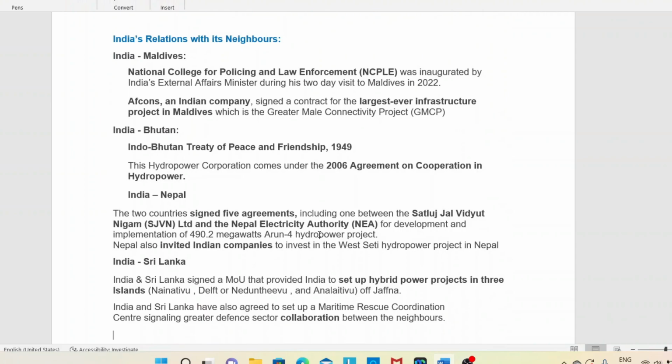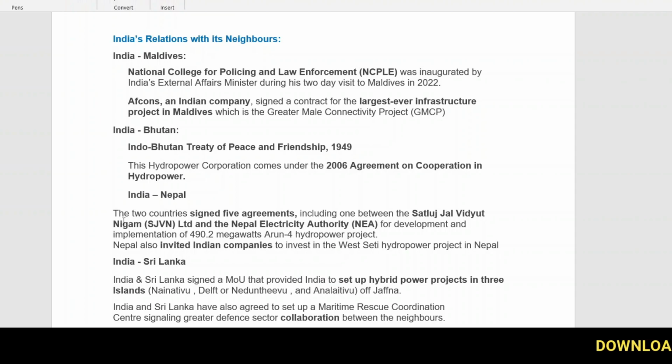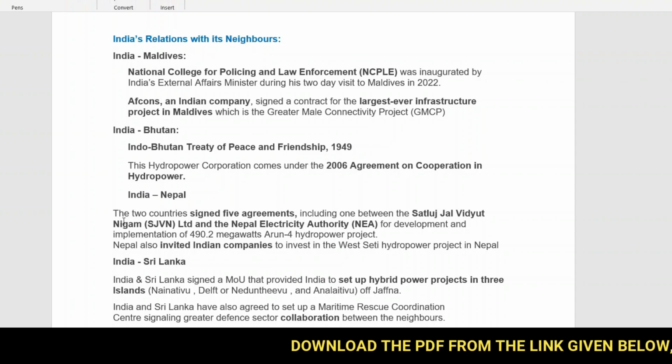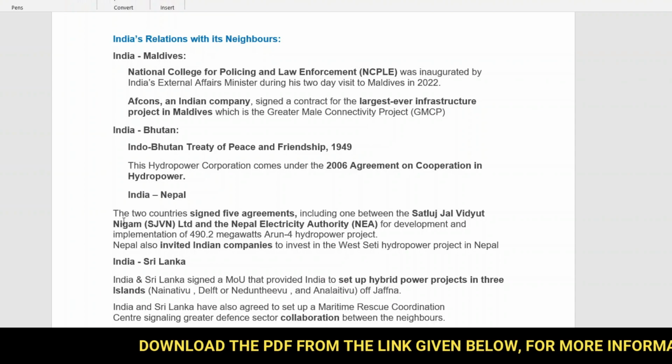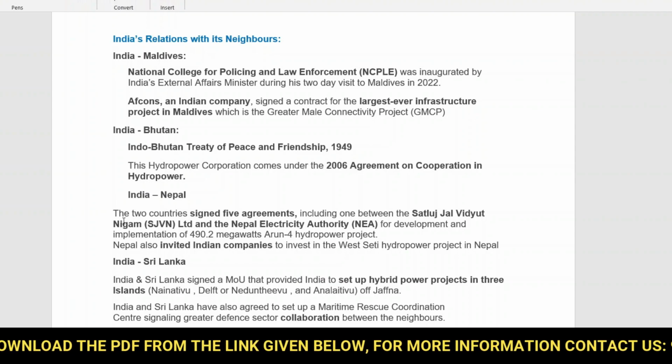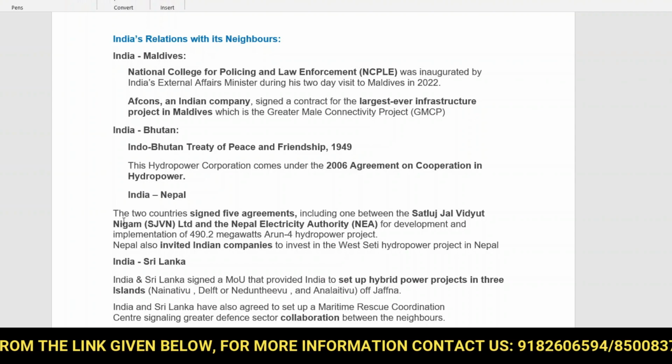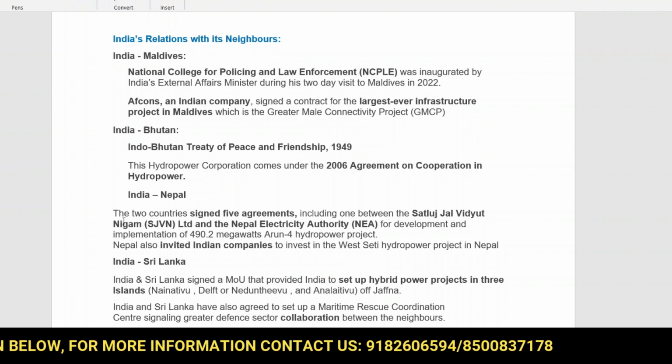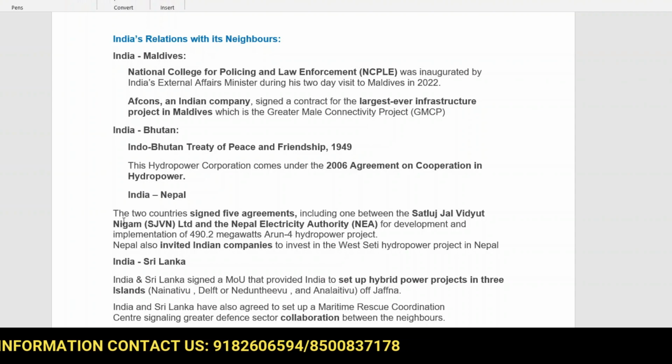Let's see about India and Nepal. The two countries signed 5 agreements, including one between Sutlej Jal Vidyut Nigam Limited and the Nepal Electricity Authority for the development and implementation of the 490 megawatt hydropower project.